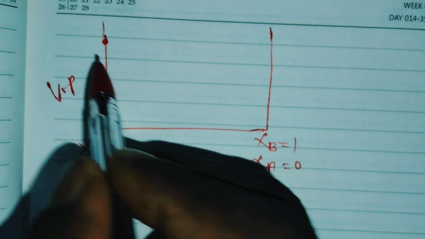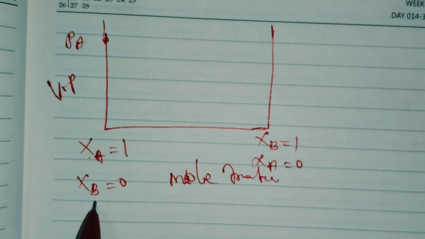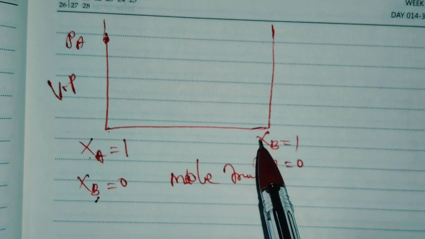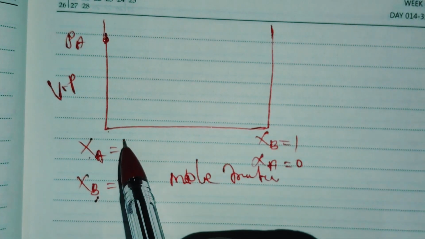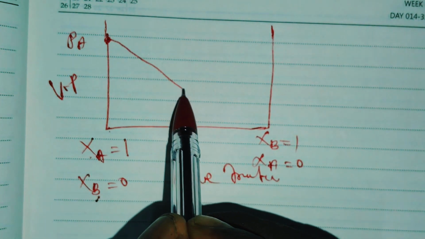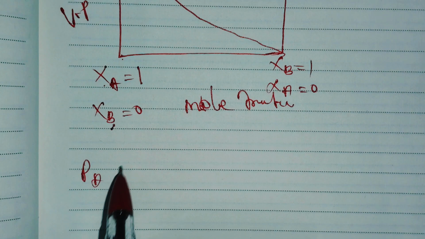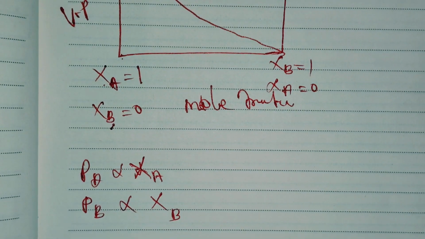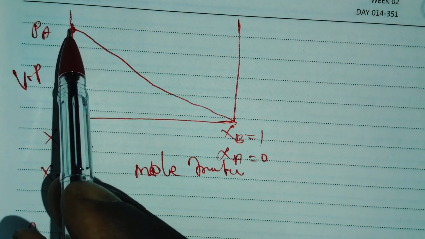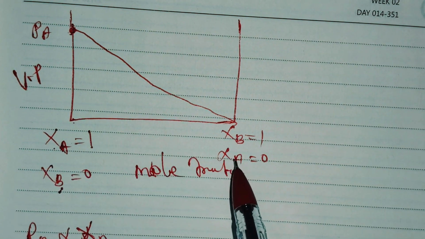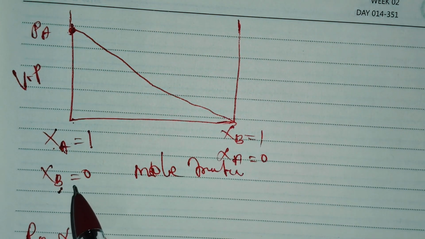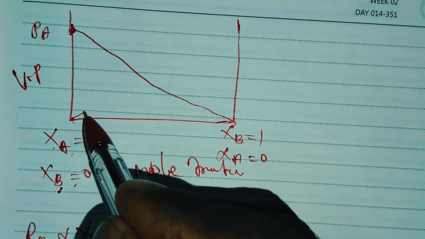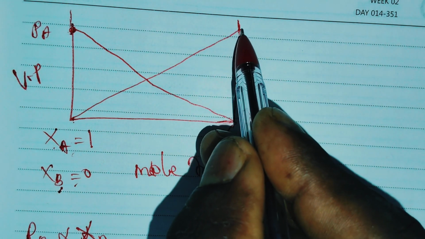Here P of A is a maximum, but x of B is a minimum, so P of B is also a minimum. Going from left to right, x of A decreases, so P of A also decreases, because P of A is directly proportional to x of A, and P of B is directly proportional to x of B. Similarly, x of B is a minimum here and increases from left to right, so the partial pressure of B also increases to a maximum.